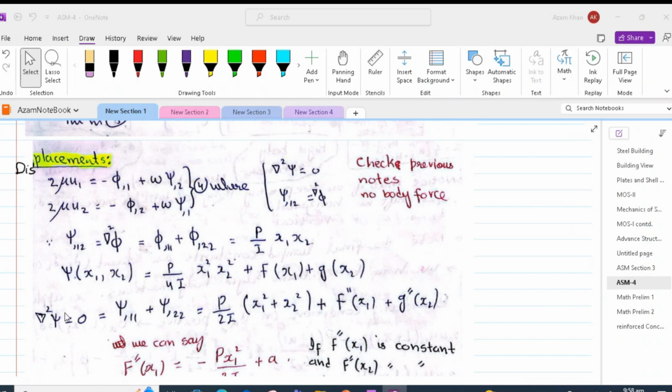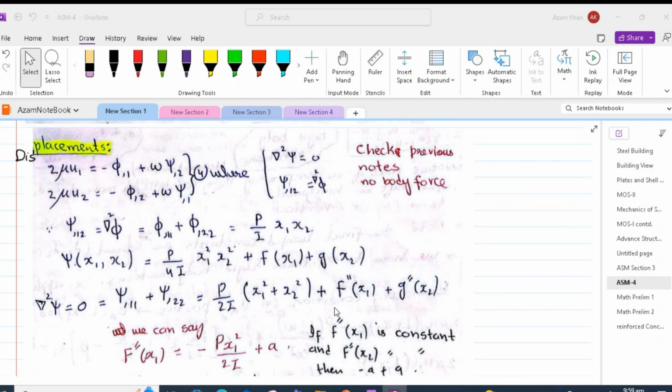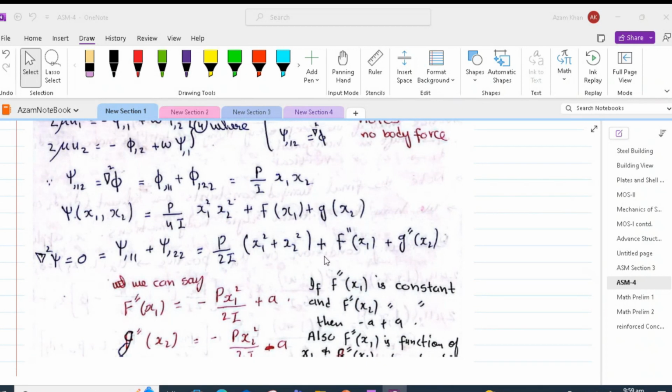Now another condition to satisfy is that the Laplacian of psi must be equal to 0. So taking the double derivative of this function, first with respect to x1, then with respect to x2, we get P by 2I, x1 square plus x2 square, plus f double dash x1 plus g double dash x2.